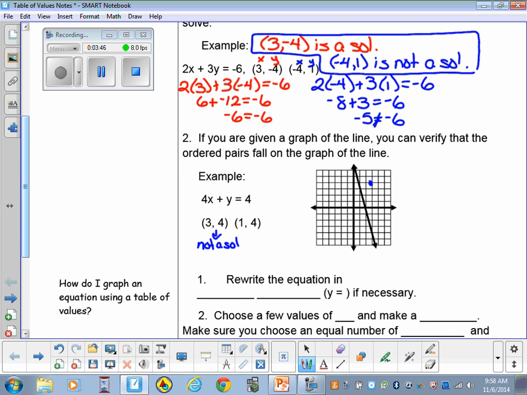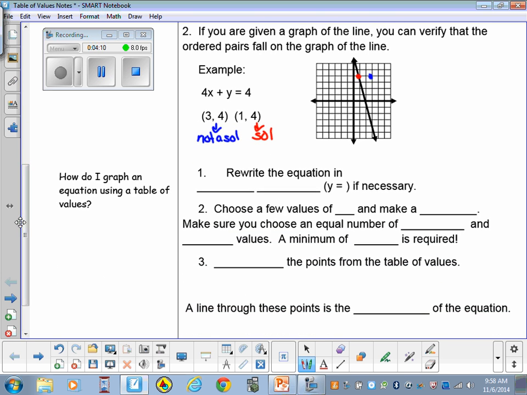Okay. How about (1, 4)? Yes. I really like it when they give me the graph because that's pretty straightforward. It's either on the line or not on the line.